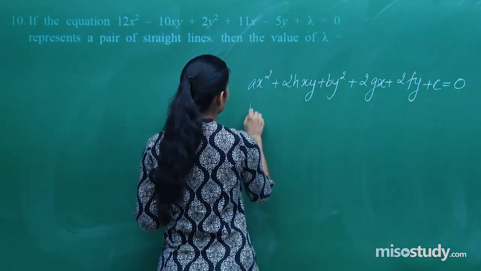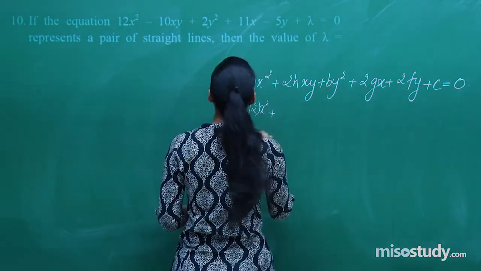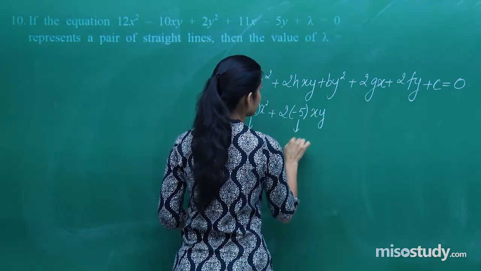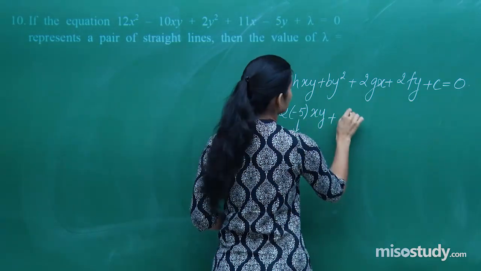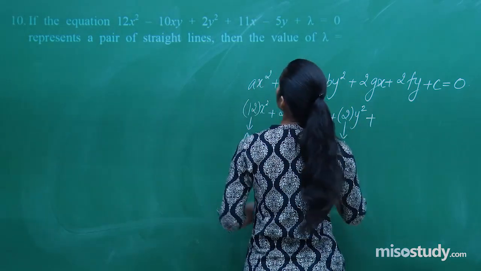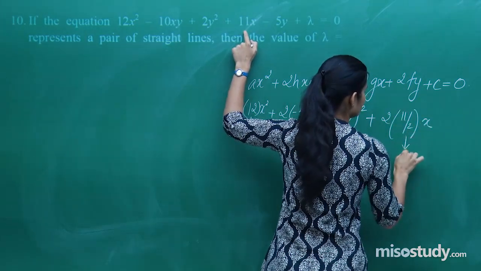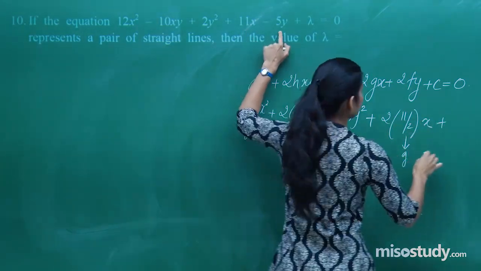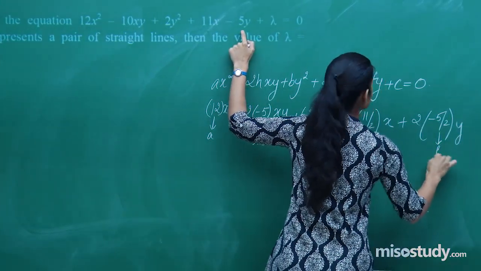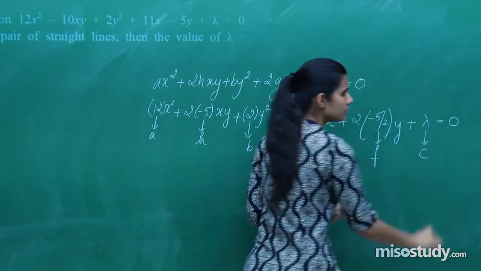Here it is ax squared, so 12x squared, 12 is a, plus 2hxy, so 2 into minus 5xy, this is h, plus by squared, 2y squared, this is b, plus 2gx, this is g, plus 2fy, I can write it like this is f, plus c.